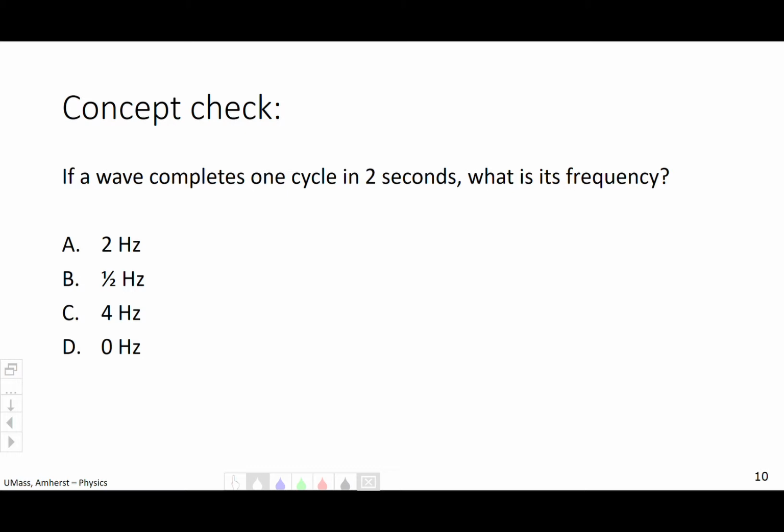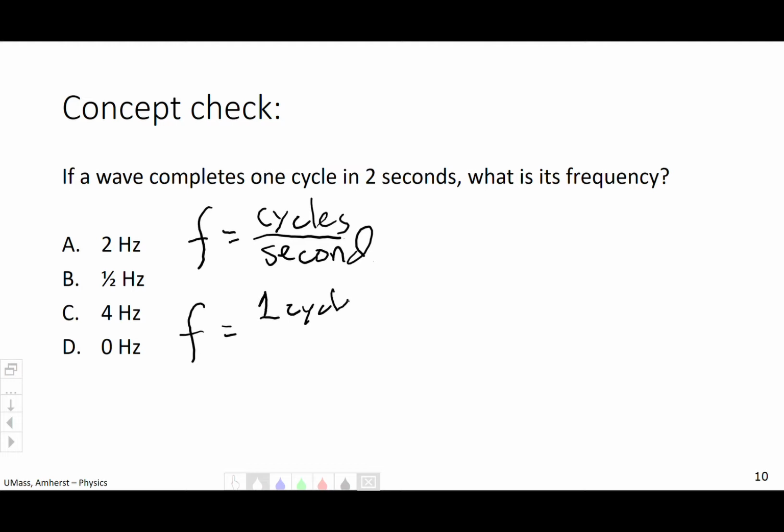So if a wave completes 1 cycle in 2 seconds, what is its frequency? So we want frequency, which is cycles per second. So we get frequency is 1 cycle per 2 seconds.